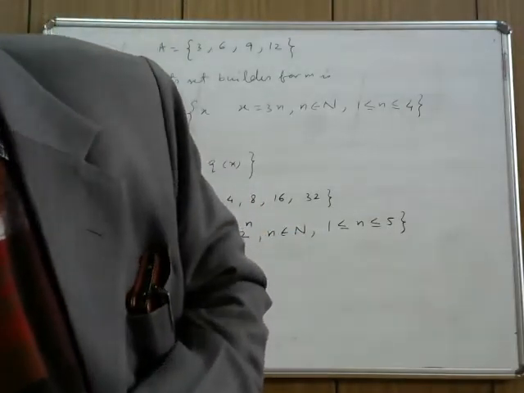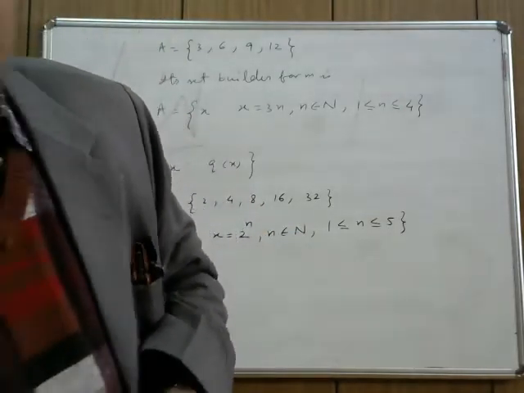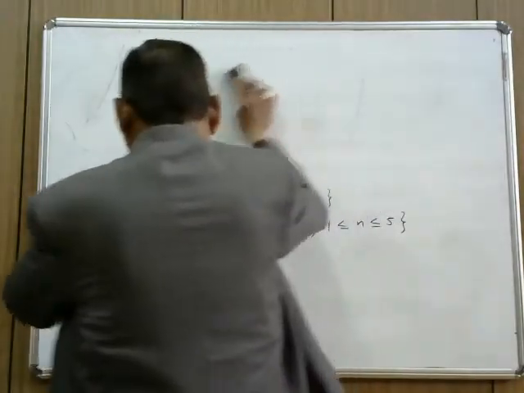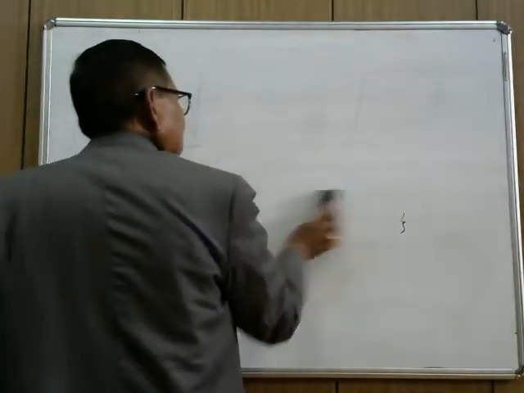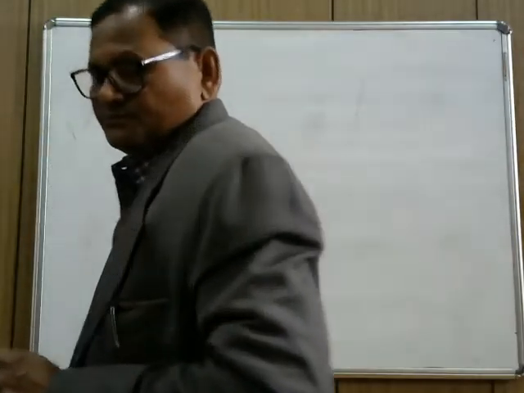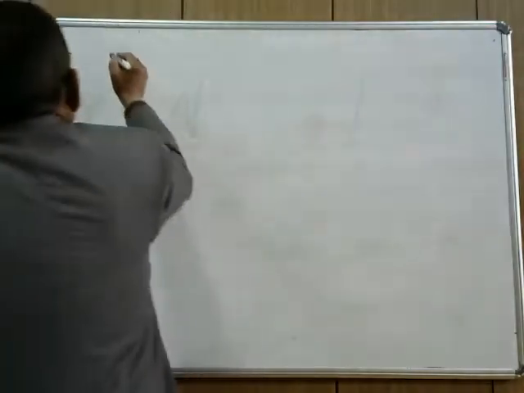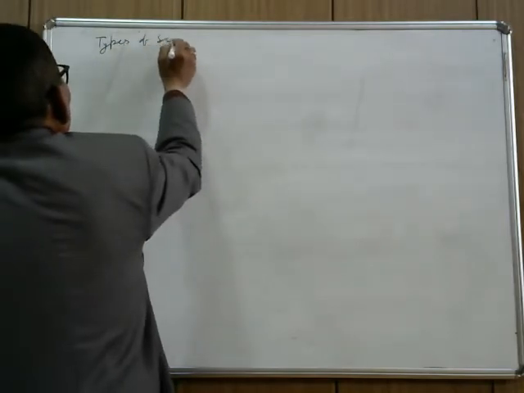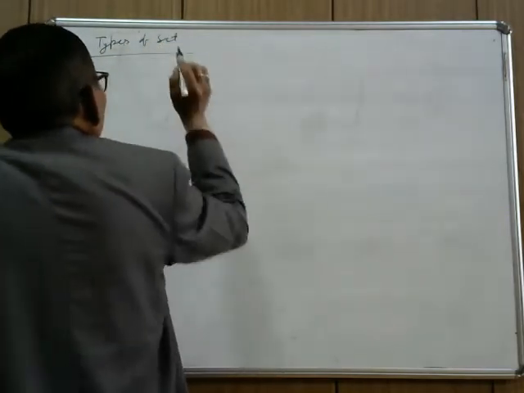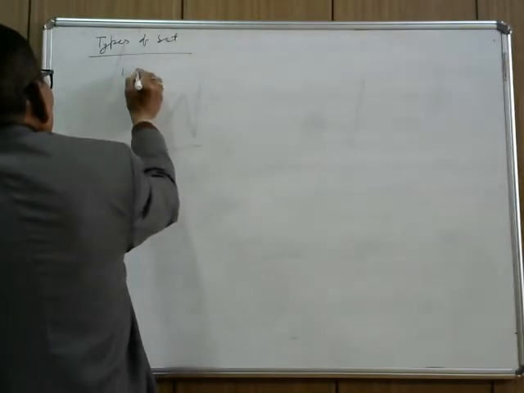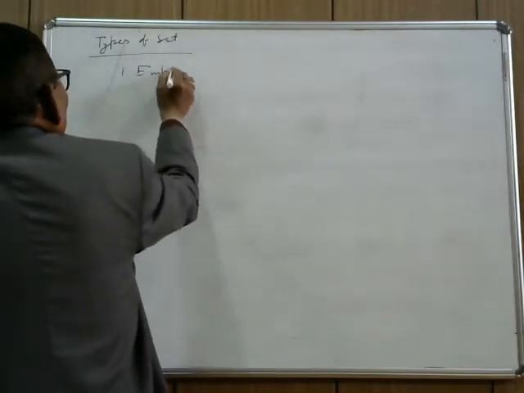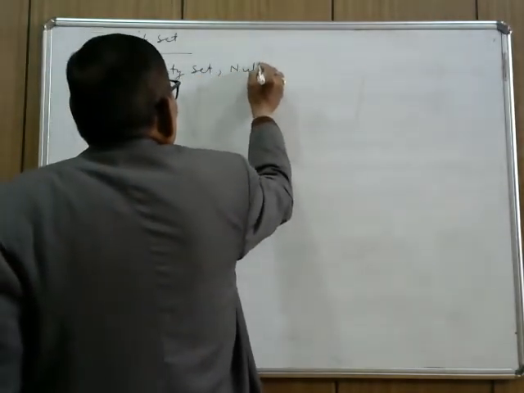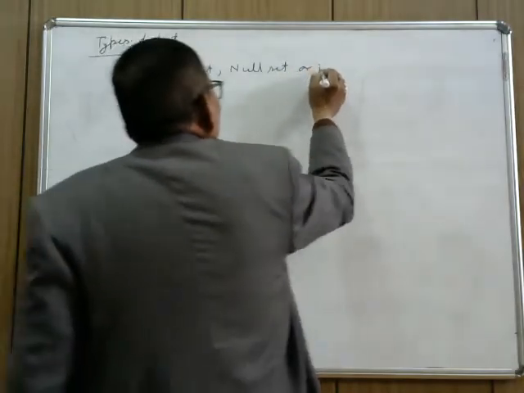So I think this is sufficient. Now I come to types of sets. First, the empty set, null set, or void set.